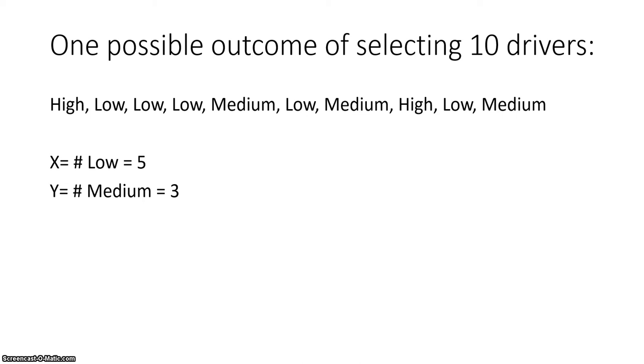Y, the number of medium-risk drivers out of the 10, is 3. Now we know that z, the number of high risk, is going to be the 10 total minus the 5 low minus the 3 medium, which gives us 2. And sure enough, if we look at our outcome, we can see there are in fact 2 high-risk drivers here.